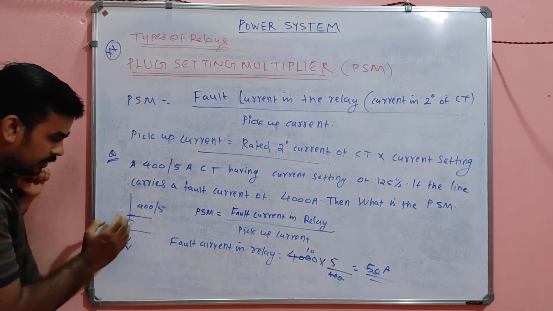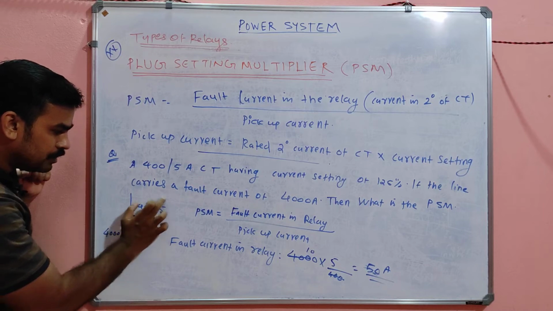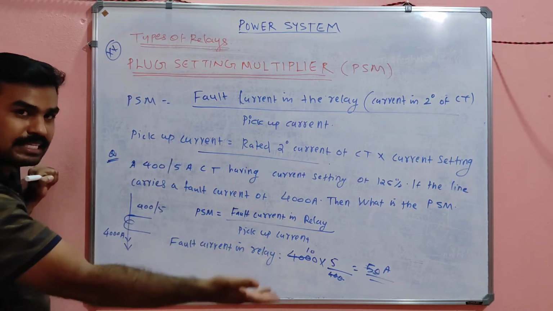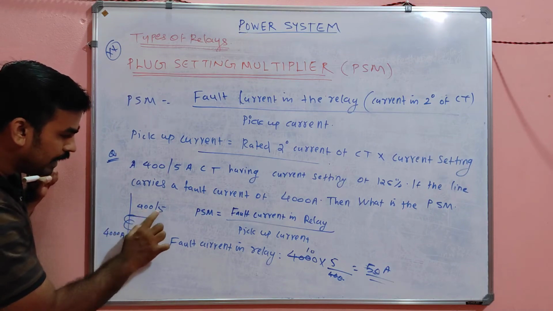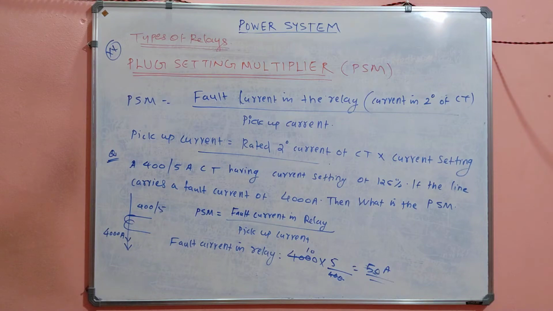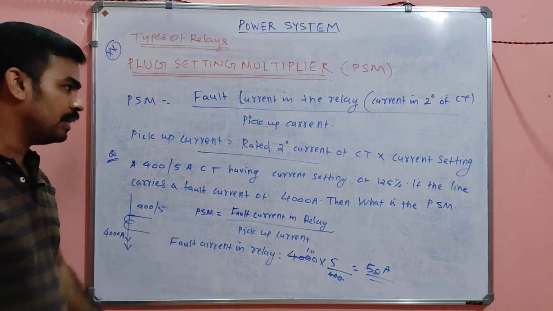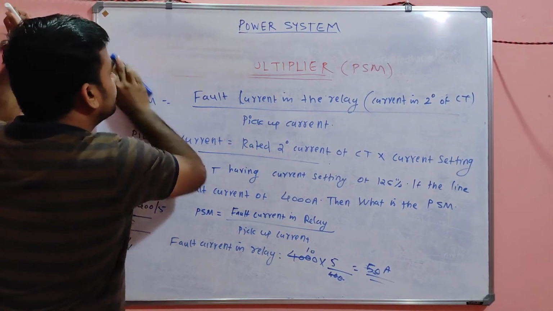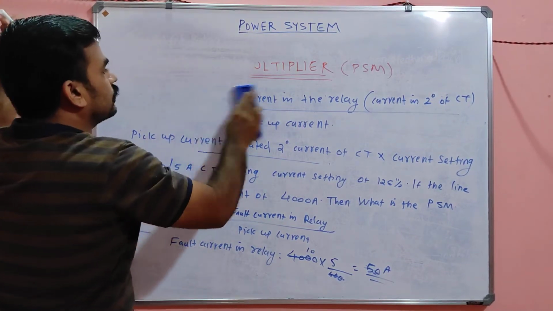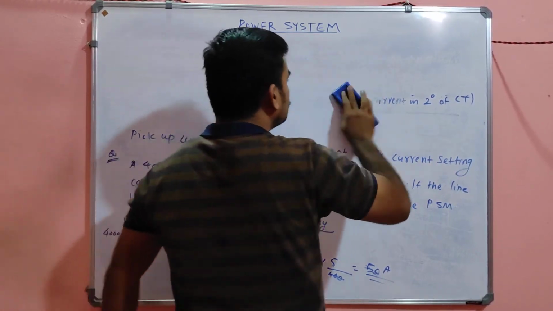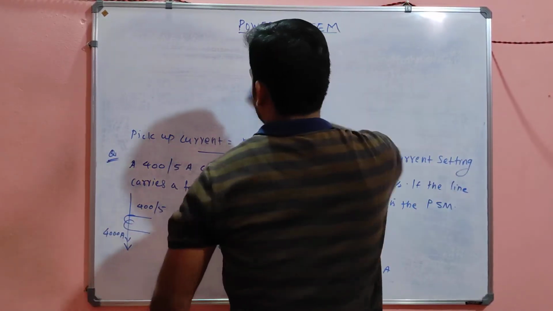It is converted by a factor of 5 by 400 in the secondary. So 4000 into 5 by 400 will be the fault current in the relay. Now you have the fault current in the relay.